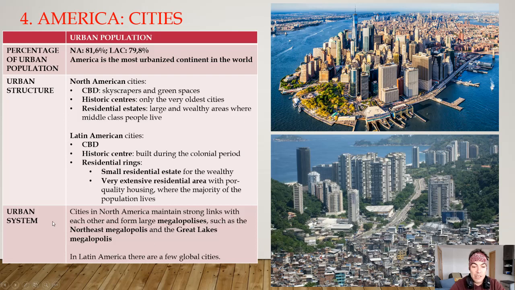So how does the urban system in cities in North America maintain strong links with each other and form large megalopolises, such as the Northeast megalopolis and the Great Lakes megalopolis?